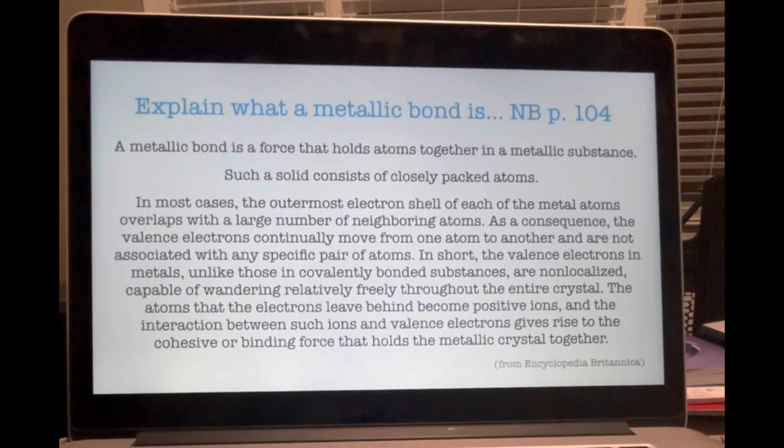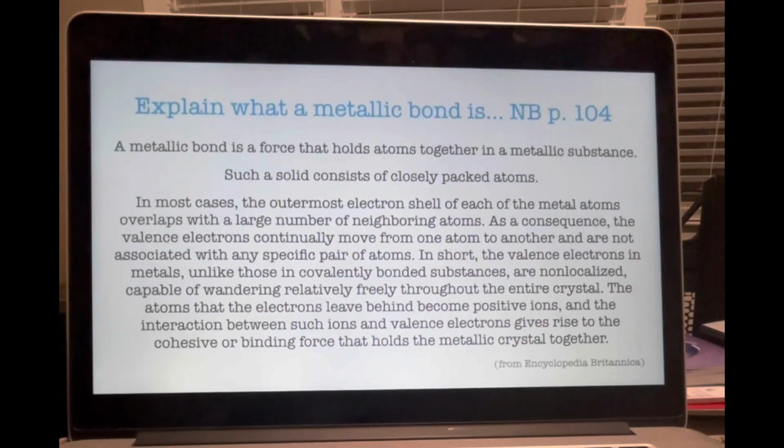In most cases, the outermost electron shell of each of the metal atoms overlaps with a large number of neighboring atoms. And as a consequence, the valence electrons continually move from one atom to another and are not associated with any specific pair of atoms.